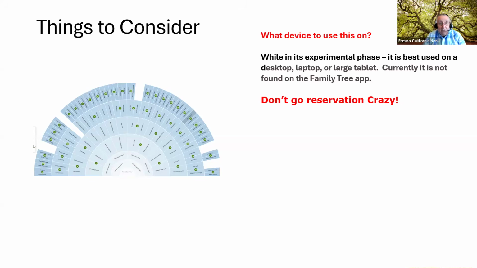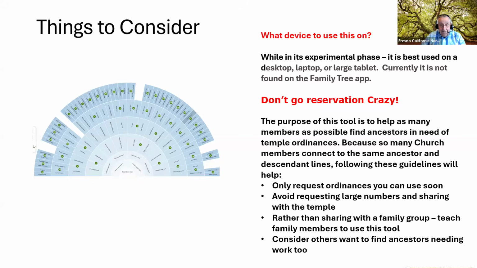Okay, the other thing that really needs to be considered is not going reservation crazy. The purpose of this app is to help as many members as possible to find ancestors in need of temple ordinances. Because so many church members connect to the same ancestors and descendants lines, there's some guidelines they'd like us to follow.